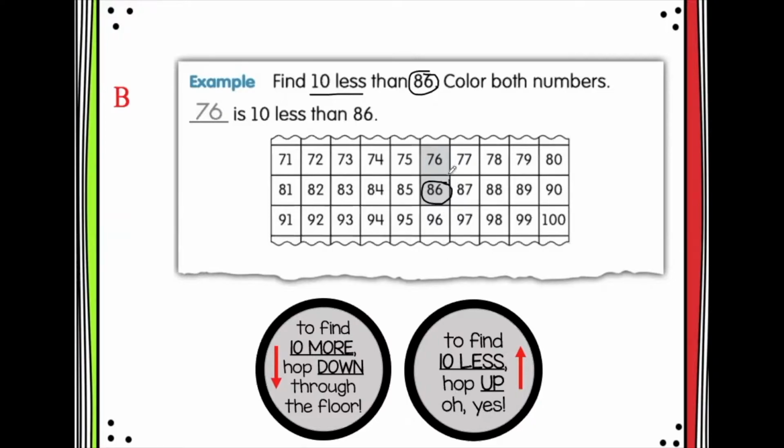So I'm going to draw an arrow up the column, and since we went up the column, that is just 10 less than 86. So what number did we land on? 76. So 76 is 10 less than 86. Using these little rhymes is very helpful.